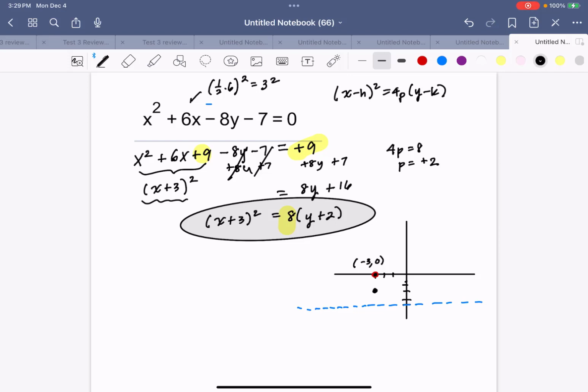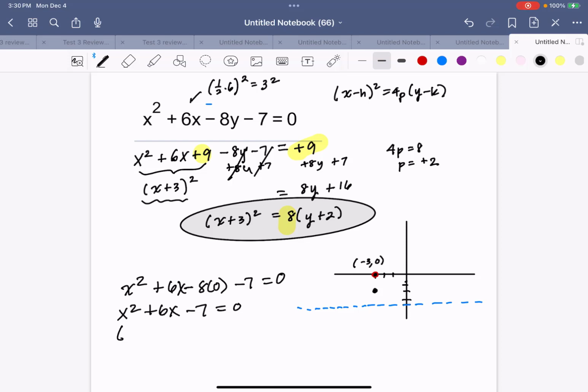So if I let my y be 0, I get x squared plus 6x minus 8 times 0 minus 7 equals 0. That's x squared plus 6x minus 7 equals 0.